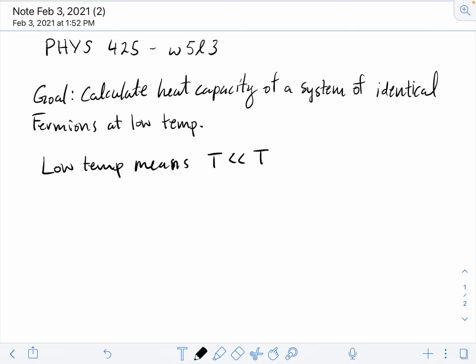And the Fermi temperature can be defined as the Fermi energy divided by Kb. So we can use the constant Kb to convert our energy units to a temperature. So this TF is going to be the Fermi temperature.